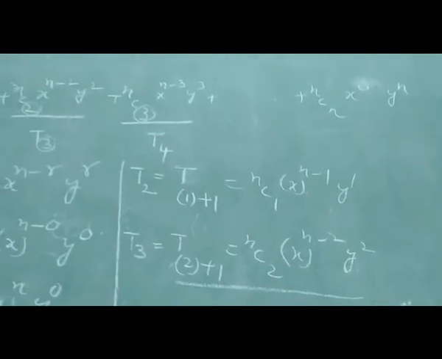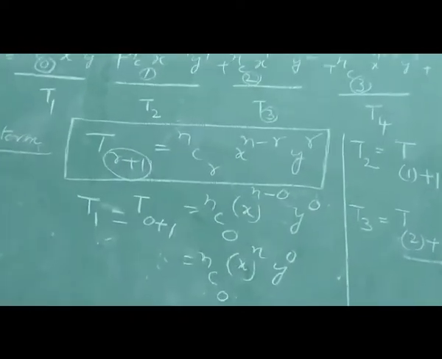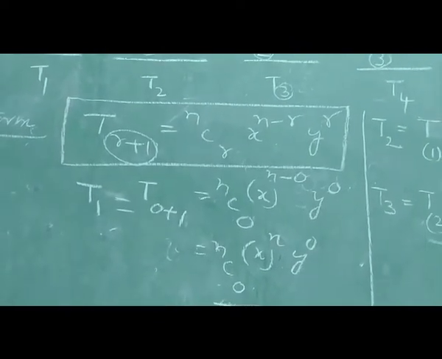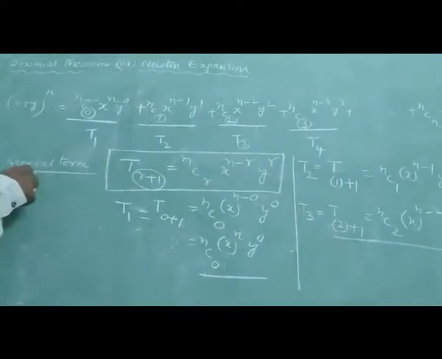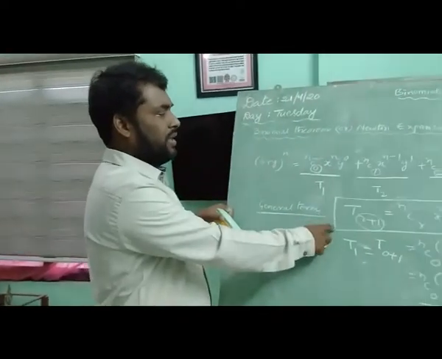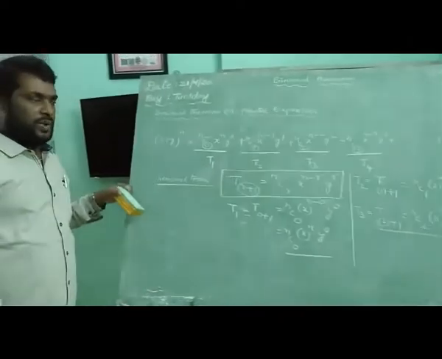This is a very important formula, the (r plus 1)th term or general term in the expansion of (x plus y) whole to the power of n. It is useful to find individual terms in a binomial expansion.